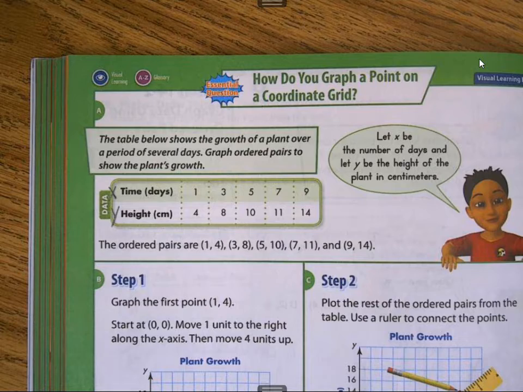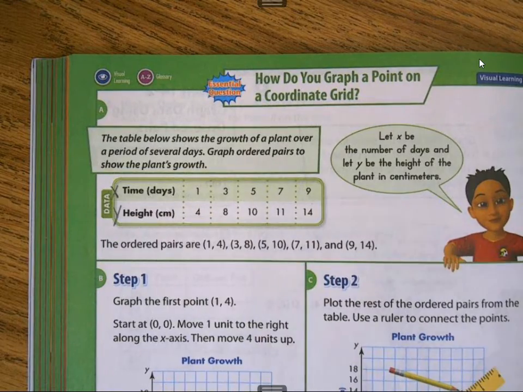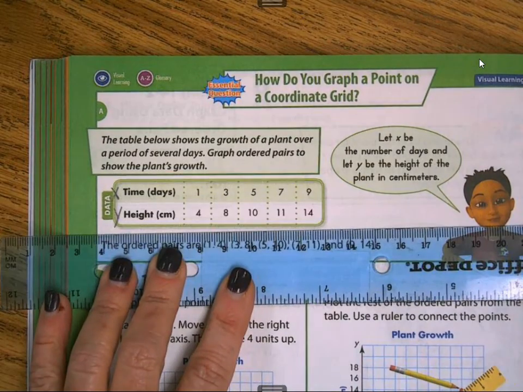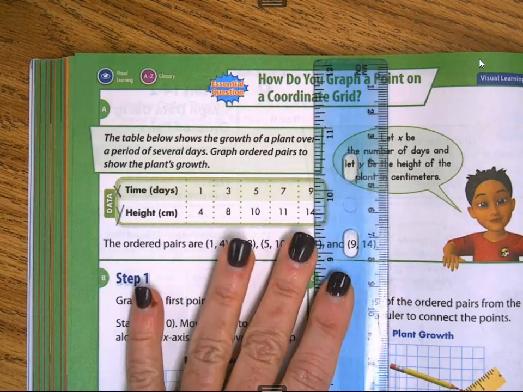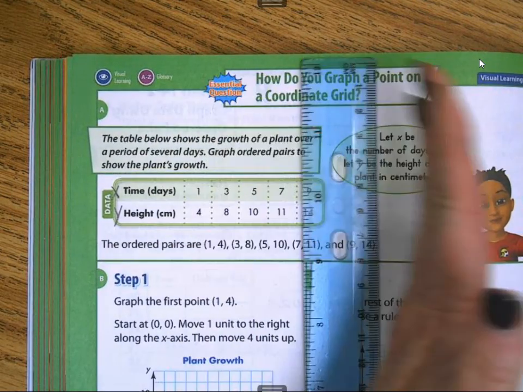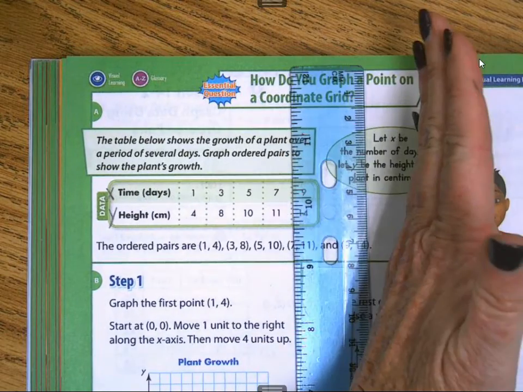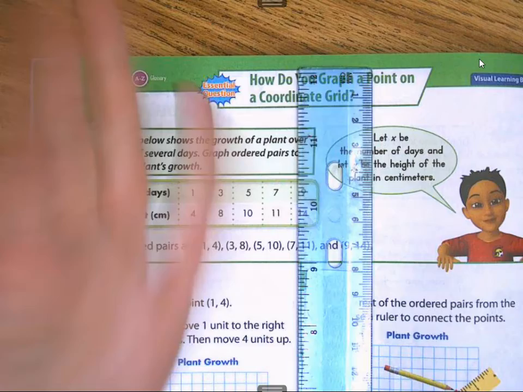When you have a table that goes horizontally, your top data is your X value and the bottom is your Y. If your table goes vertically and you have a left and a right side, your left side is your X value and the right is the Y. Easy to remember, X before Y.